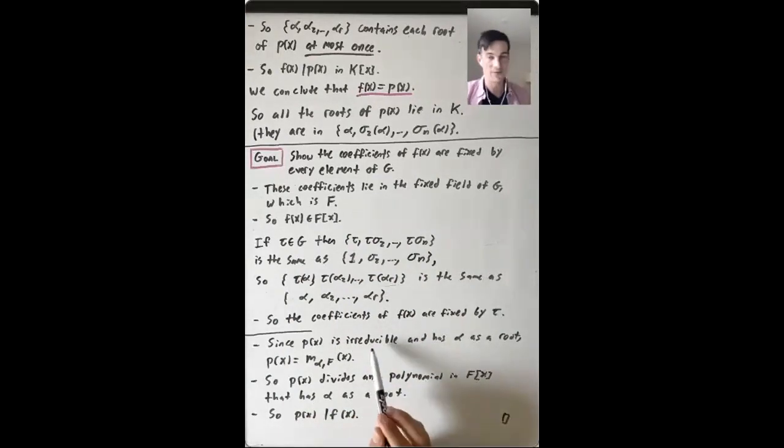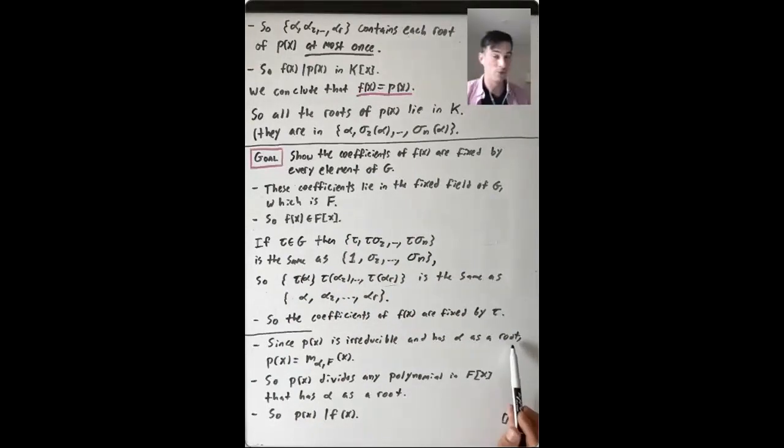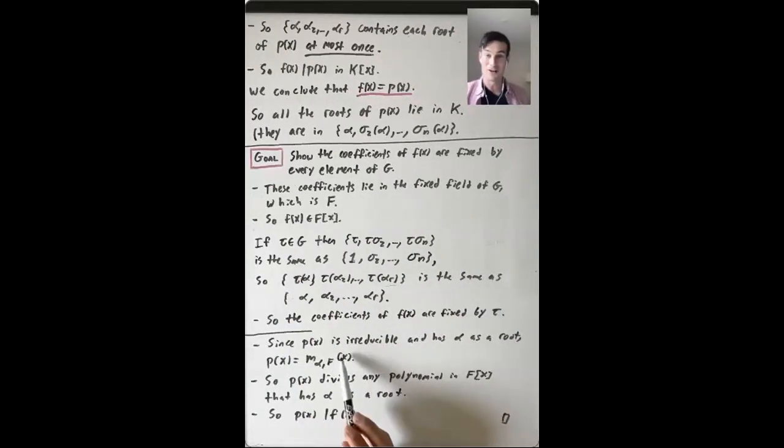Well, what do we know about p of x? It's an irreducible polynomial, and it has alpha as a root. So it is the minimal polynomial of alpha over F. So we know that the minimal polynomial of alpha over F divides any polynomial in F[x] that has alpha as a root.